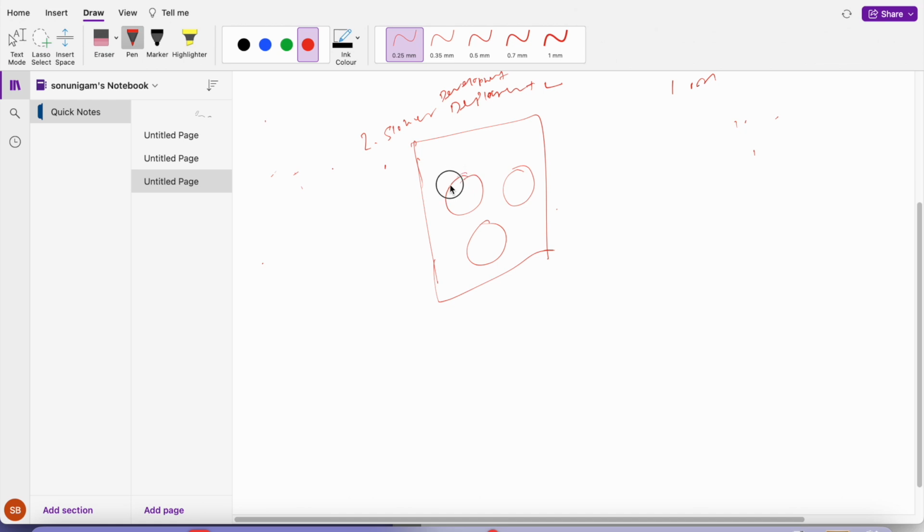Suppose I change one module. Then the entire application I have to rebuild again, retest again, and redeploy, not just the particular module. If a change needs to be done in one particular module, I have to rebuild, retest, and redeploy the whole application.